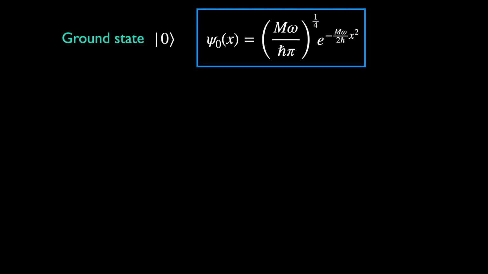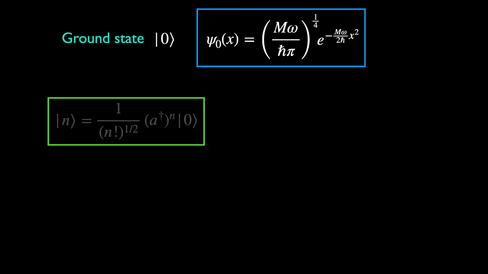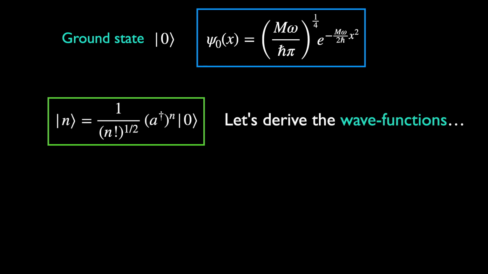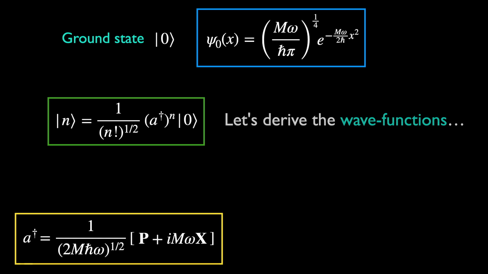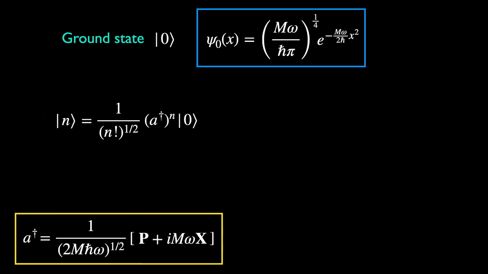Now we could derive the wave functions of the rest of the eigenstates using the equation in the green box, as well as the representation of A dagger in terms of x and p in the yellow box. Going to position space.